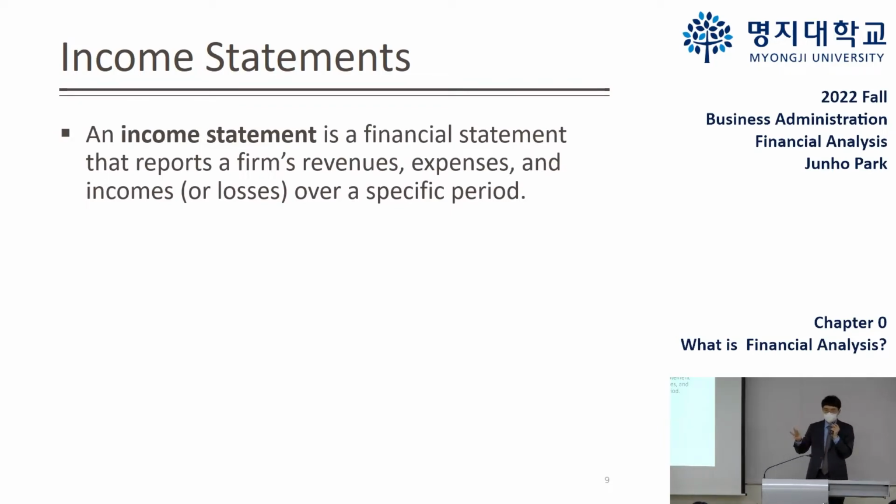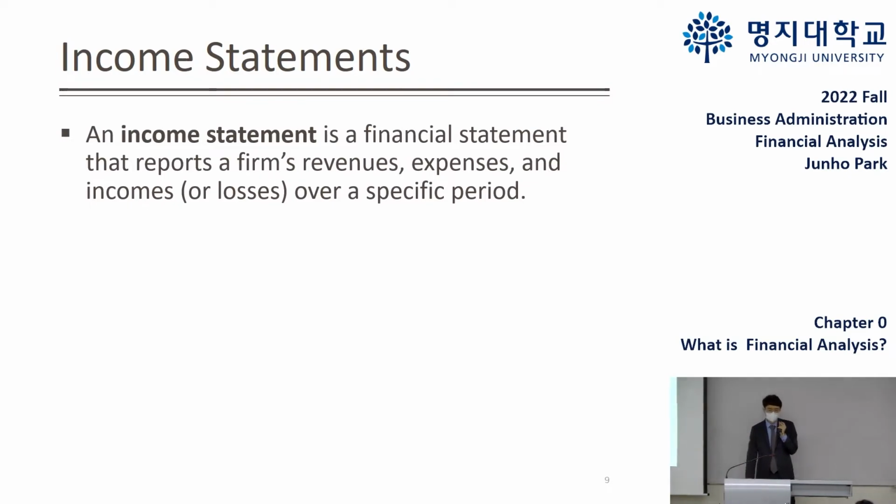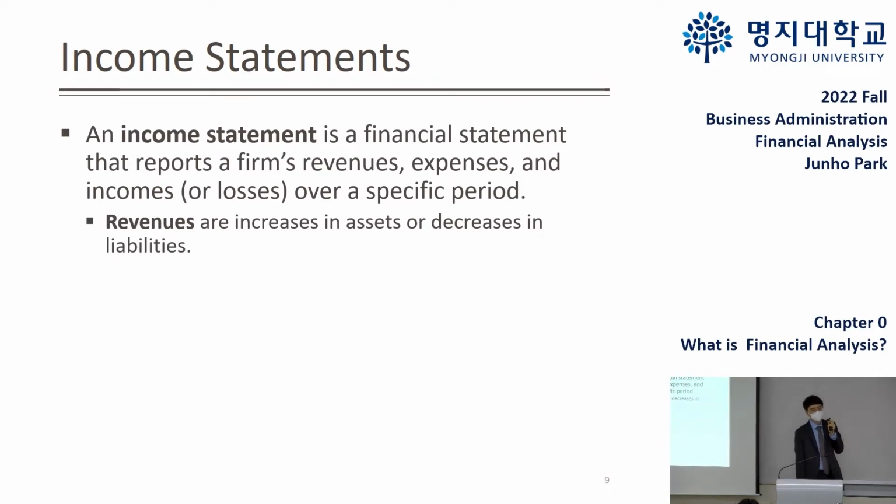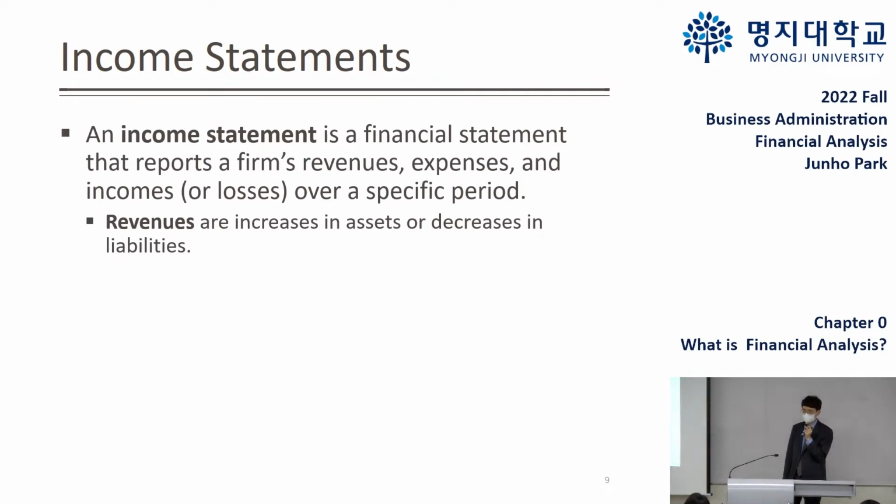And there are three things that you need to know from income statements, which are revenues, expenses, and incomes. But I have different definitions for them. I usually define revenues as either increases in assets or decreases in liabilities. But the common idea is that if you receive something, then they are revenues.